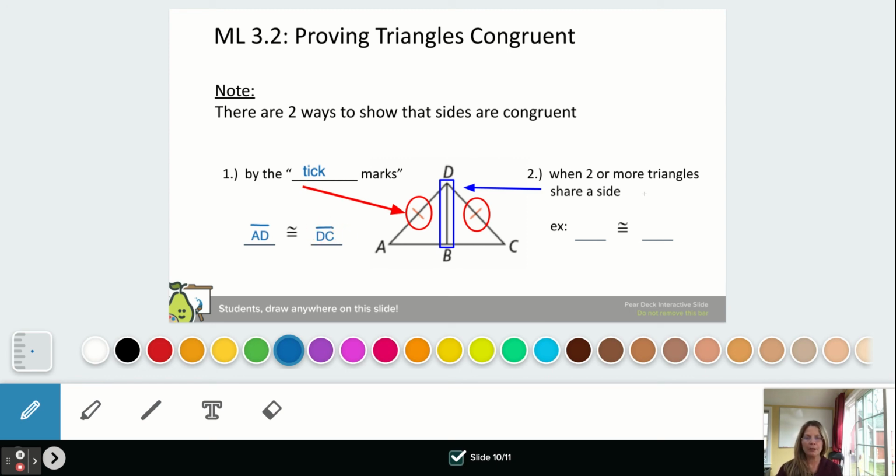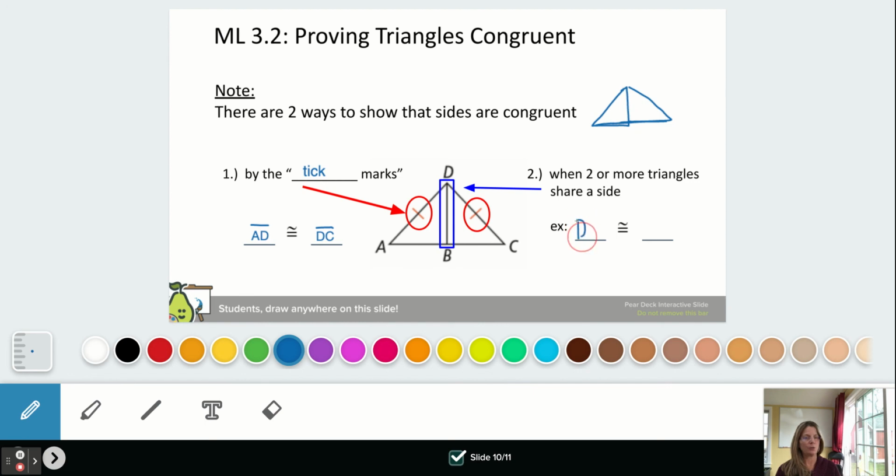Now, another way to show that 2 sides are congruent is if you have a triangle like what's shown. It's a little bit hard to see. We have a triangle right here, which is DAB, and we have another triangle right next to it, which is DCB. And the bottom side, well, they're supposed to be the same base here. The triangles share this side.